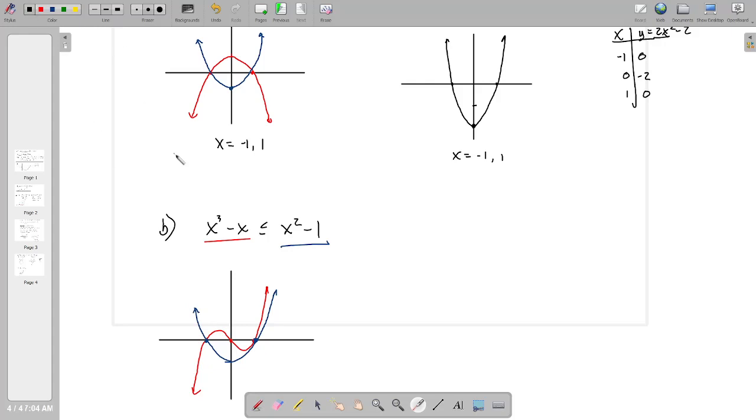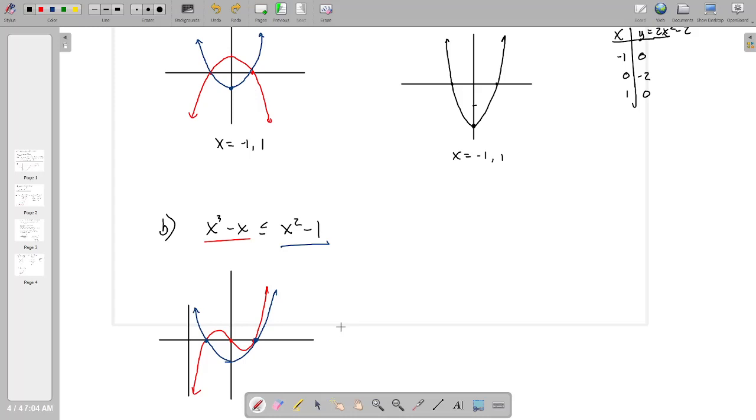Now, what we do is we're looking at a vertical line that corresponds to an x. And everywhere that the y value of the blue curve is higher than the y value of the red curve, that's going to be in our solution set. So we start at negative infinity, and the blue curve goes on forever, and so does the red curve.